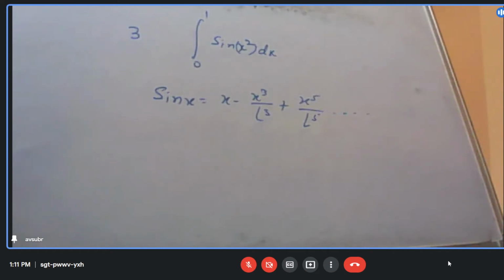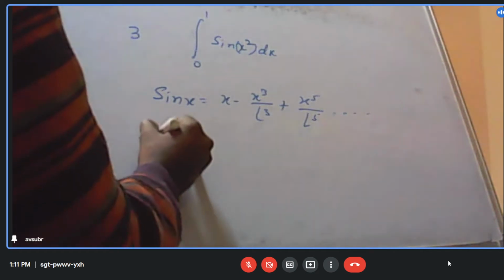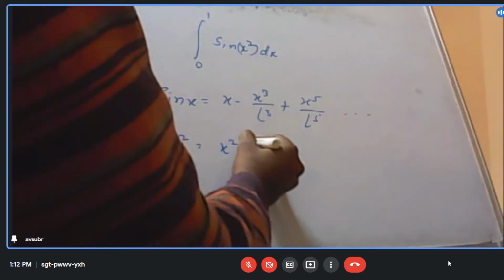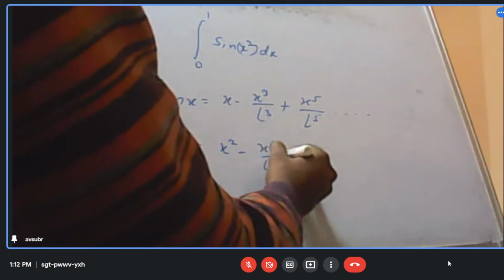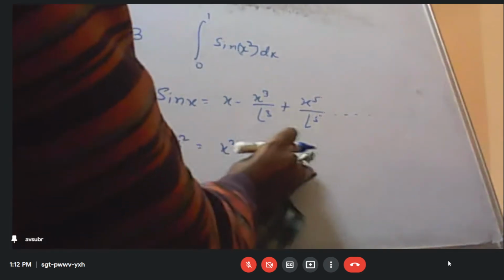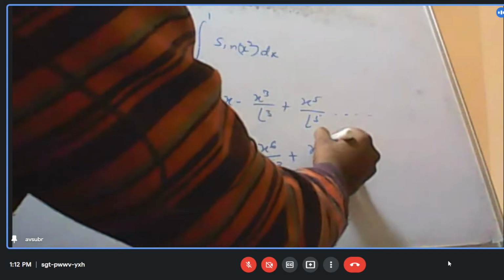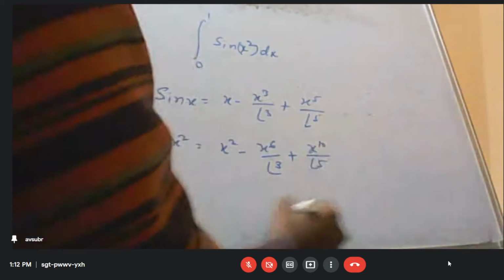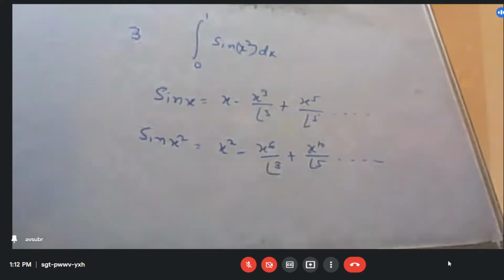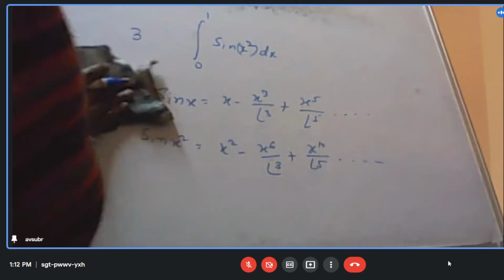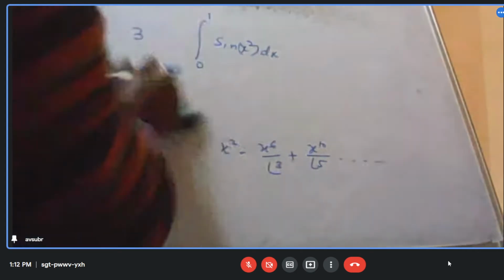So then x की जगह पर we put x square. So this will become x square minus x to the power 6 by 3 factorial plus x to the power 10 by 5 factorial and so on. Now let me put this value in this integral.